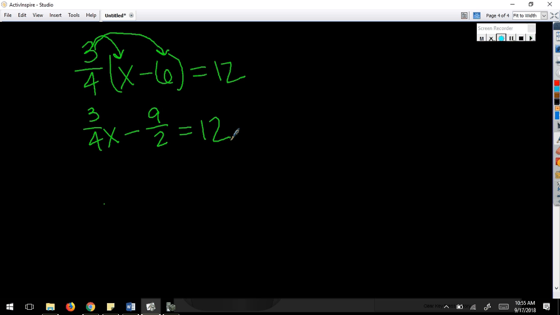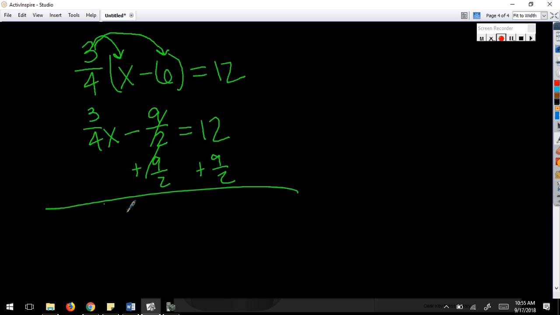Now, watch what happens. Up here, to get x by itself, what do I need to do first? Add 9 over 2 to both sides. Don't let the fractions intimidate you. You have a calculator in your hand that can handle this. So I'm going to add 9 over 2 to both sides.